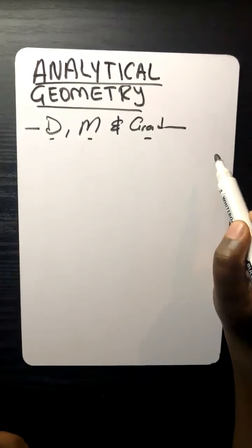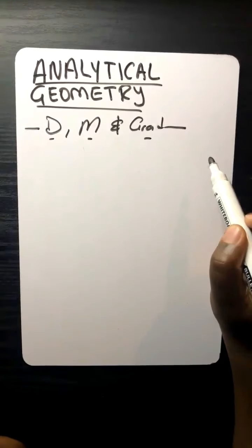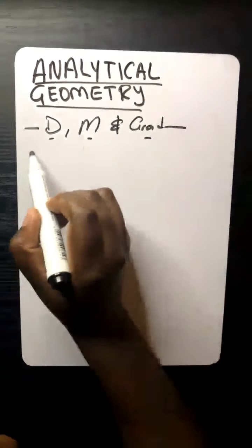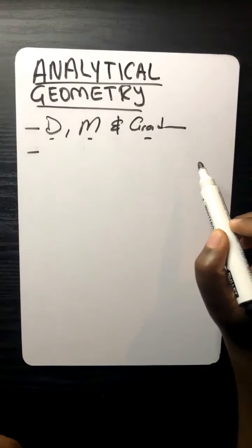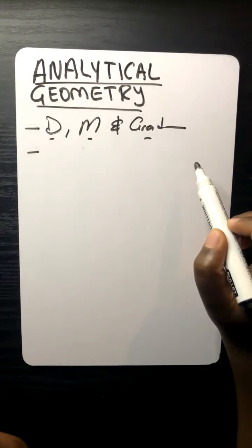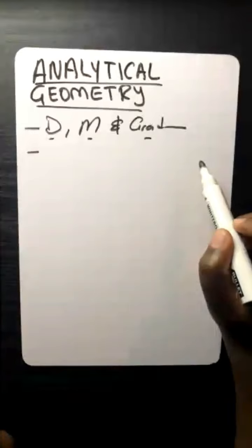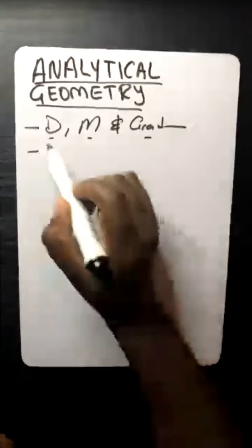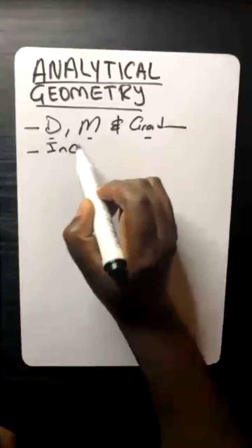If it's something new, I'm going to make sure that you fully understand how to calculate those. Somewhere in the middle of our lesson, I want to talk a little bit more about the inclination of a line. It's very, very important that you are aware of that.